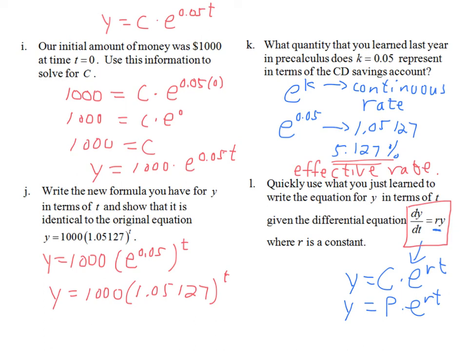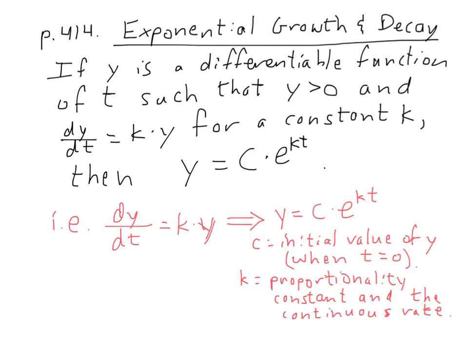So you need to write this result up in your binder on the next slide. All right, so they spell it out on page 414 with exponential growth and decay that if y is a differentiable function of t such that y is positive and dy/dt is equal to k times y, so the rate is directly proportional to the dependent variable, for some constant k, then you know that y equals some other constant c times e to the kt.